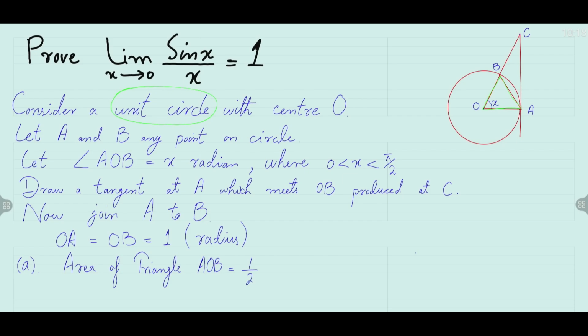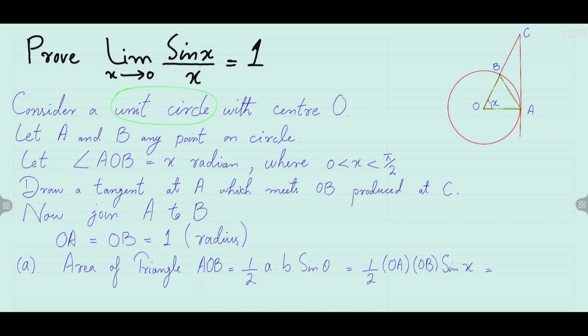The formula of area of triangle AOB is 1 by 2 AB sine theta, or you may say 1 by 2 product of adjacent sides into sine theta, where A is OA radius and B is OB radius, and theta is x radian.